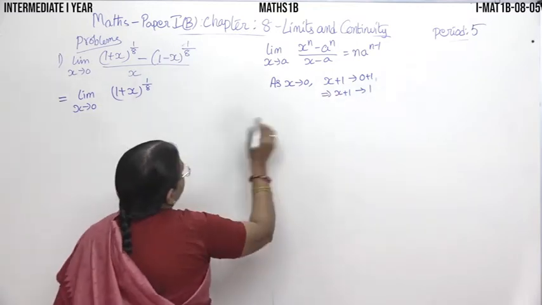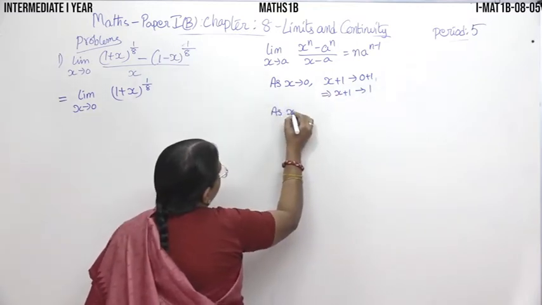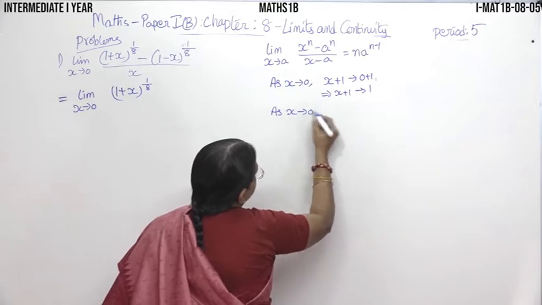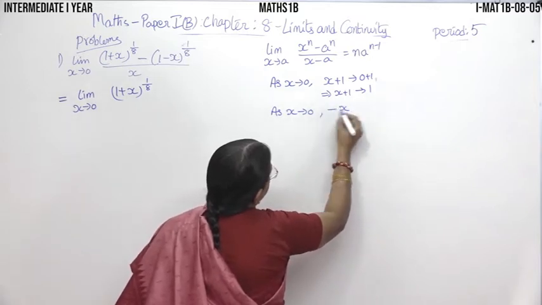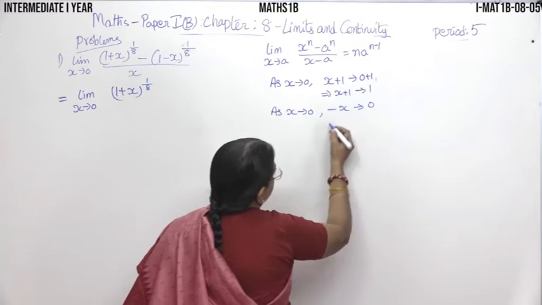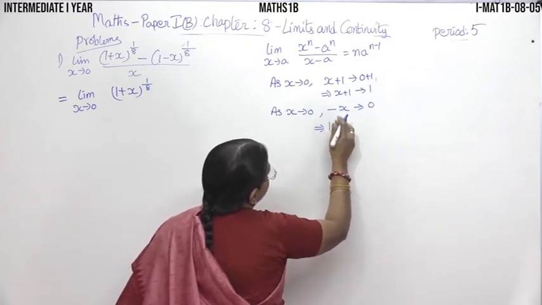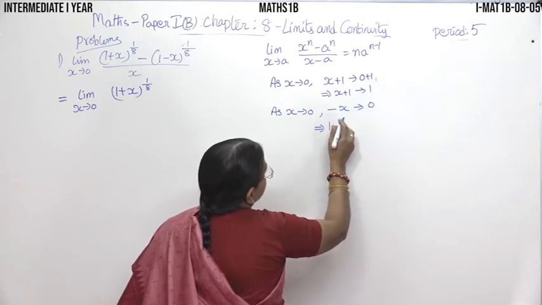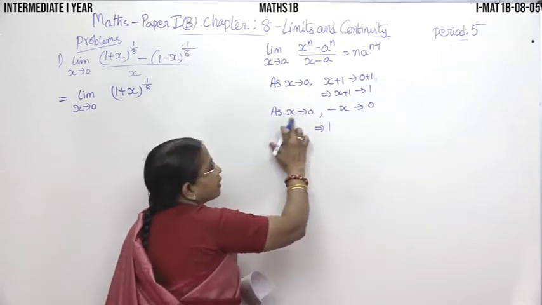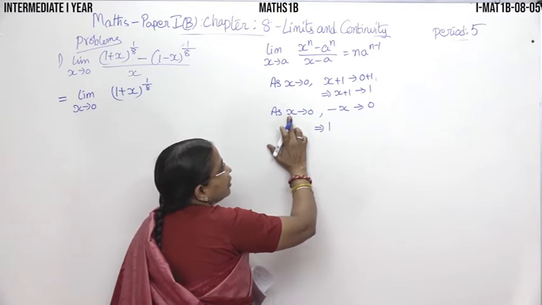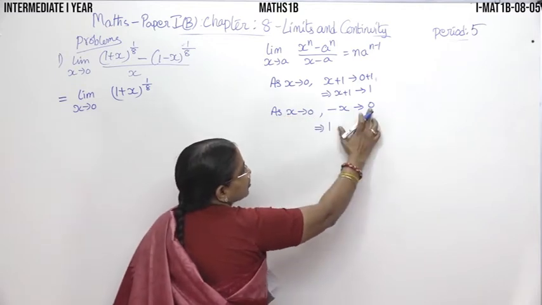Now we have 1 minus x, so we'll see how we can change that. As x tends to 0, minus x tends to minus 0, that is 0 only. When you multiply by minus 1, x tends to minus 1 into 0, that is 0.